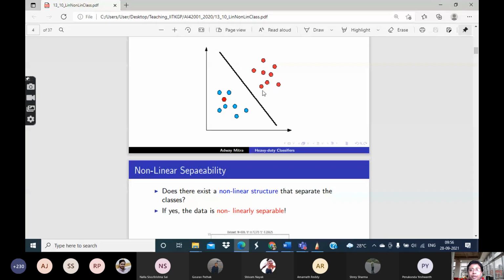So the constraints which we had designed in the previous problem, what were they saying? The constraints were basically saying that all the points are correctly classified, right?